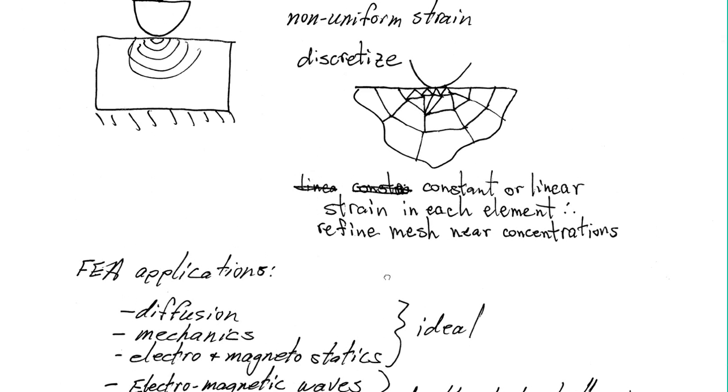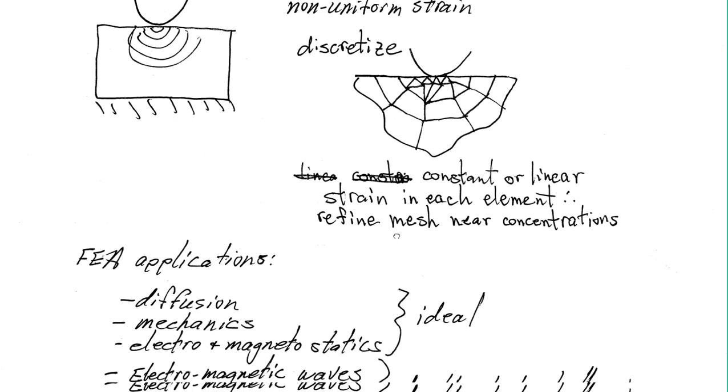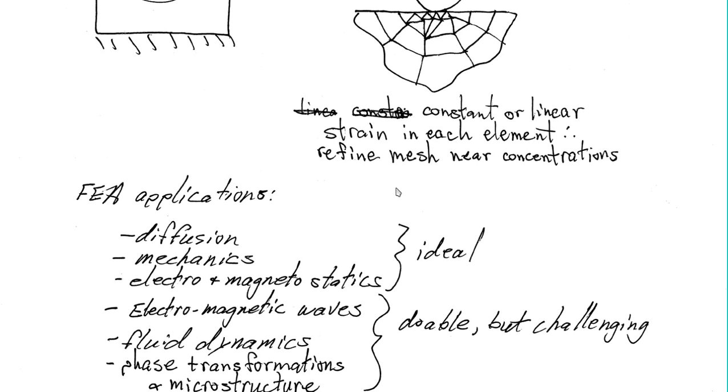The nice thing is, as you refine your mesh, if you continue refining it, this will converge to the correct solution if it's linear. Nonlinear problems are a different story we'll get into later, but this method will converge to the correct solution. So if you were to continue refining your mesh, this should converge to some analytic solution if it exists.